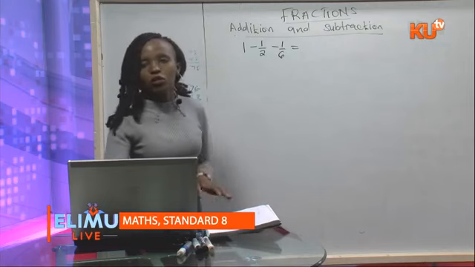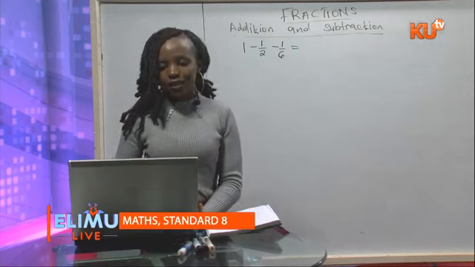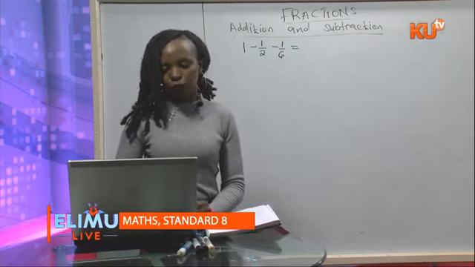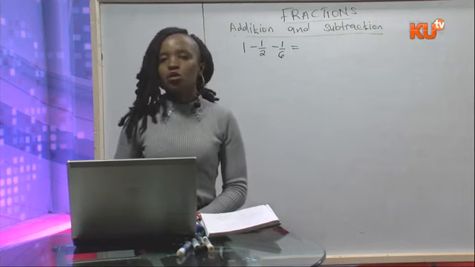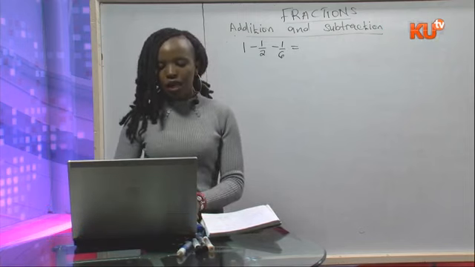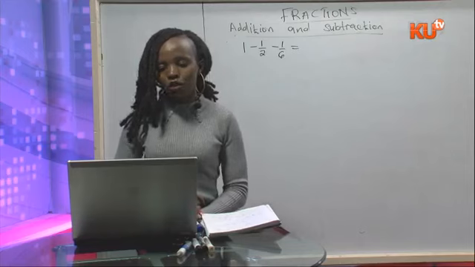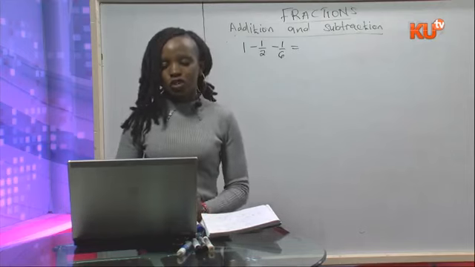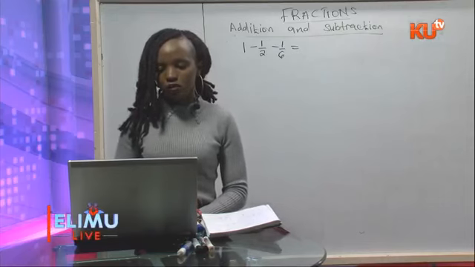So when you have a whole number and fractions, ensure that you convert that whole number to a fraction. How do we convert a whole number to a fraction? The simplest method is to put that whole number over 1. When you put it over 1, it doesn't change its value.